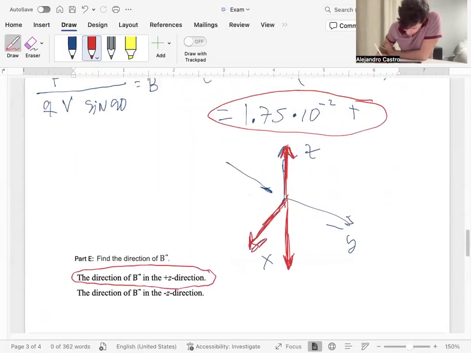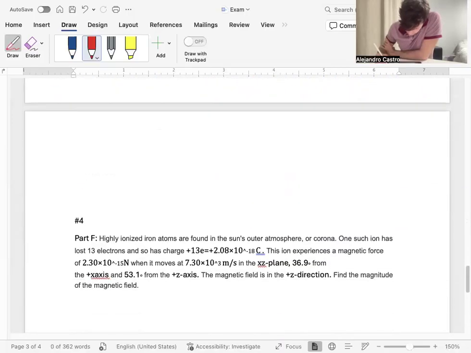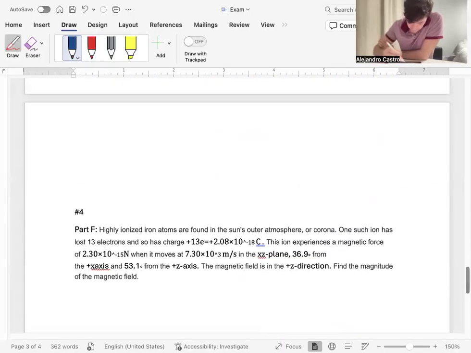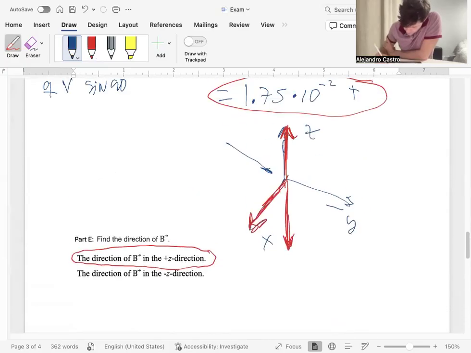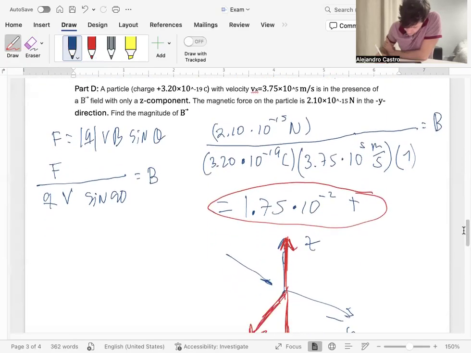Let's do number 4. Yeah, I did this one right. Yes, I believe so.